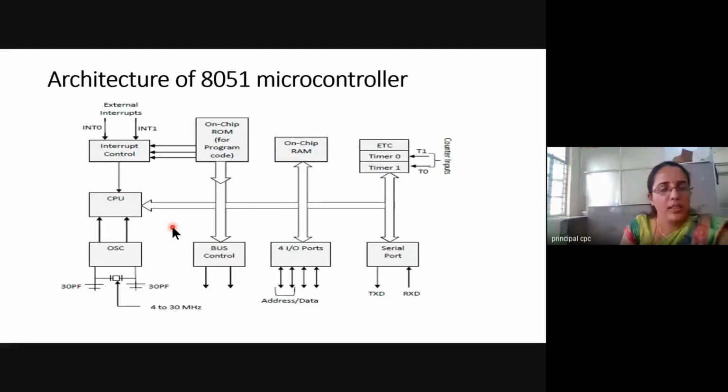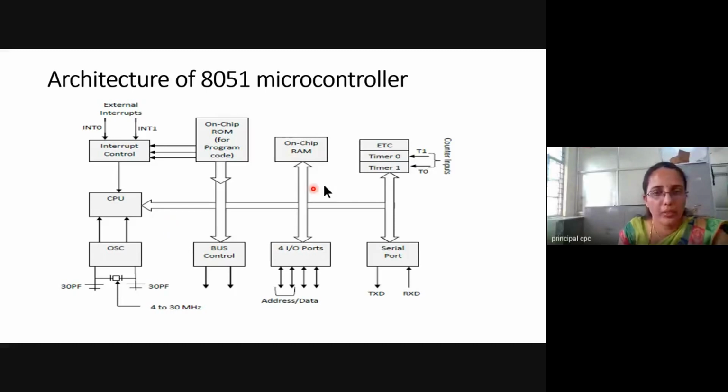So next is the architecture of the 8051 microcontroller. As you can see here, first the CPU, the central processing unit, and you have interrupt control. The inputs to this are INT0 and INT1. Then on-chip ROM, on-chip RAM, and two timers, timer 0 and timer 1, which are 16-bit registers.